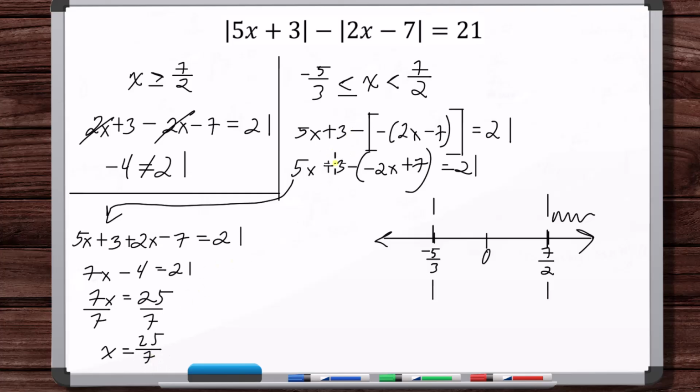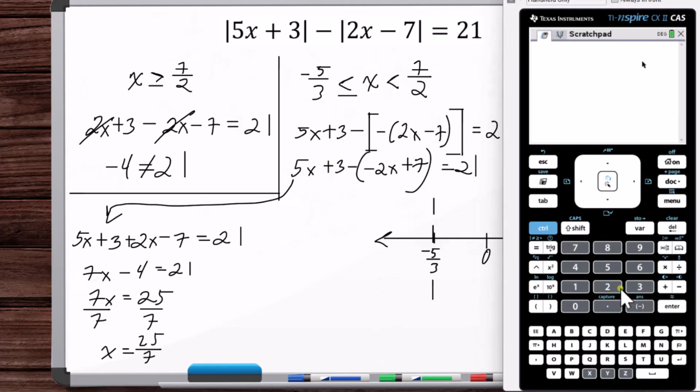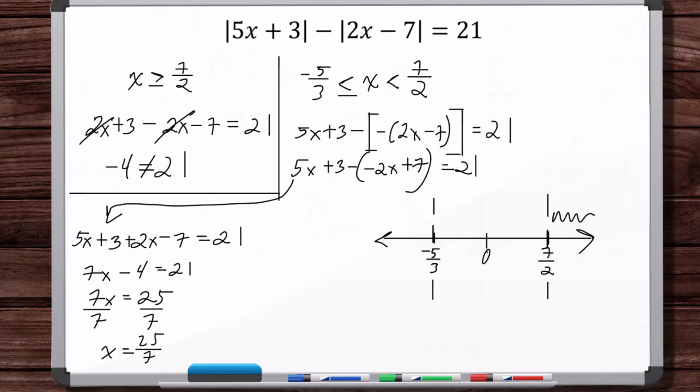Okay, is that between 7/2 and minus 5/3? So minus 5/3. Now what is 25 over 7? Now what is 7/2? No, it's not. So this is not a solution. And so there's no solutions in this region.